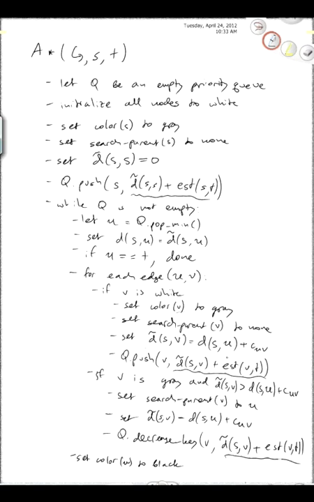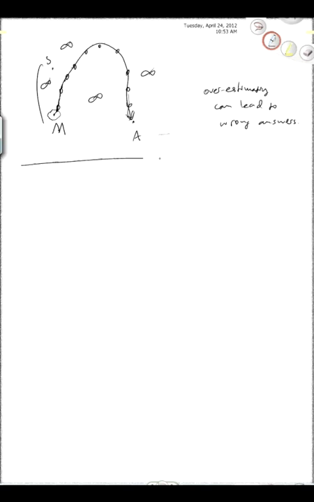Computing the estimate function, if that's a great circle distance, is very fast. It's just O(1), blazingly fast, because it's just a few additions and subtractions. And so the runtime for A* is the same as Dijkstra's in the worst case.